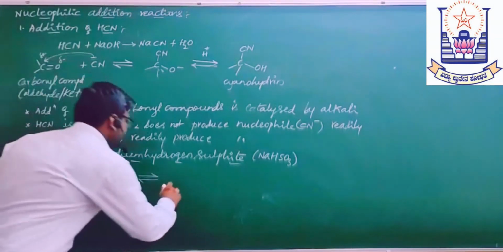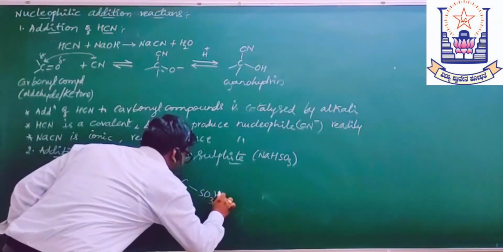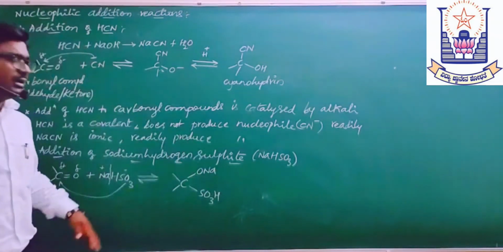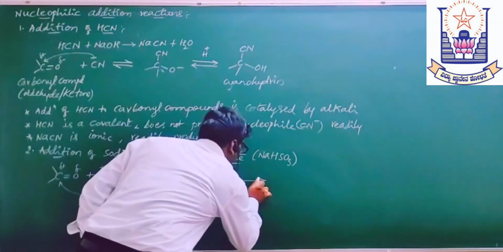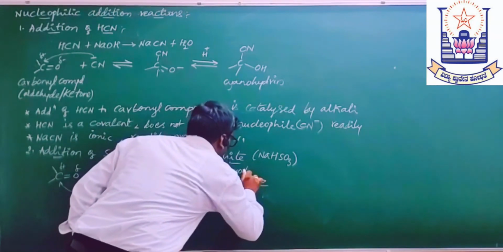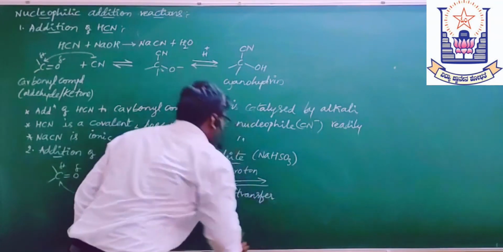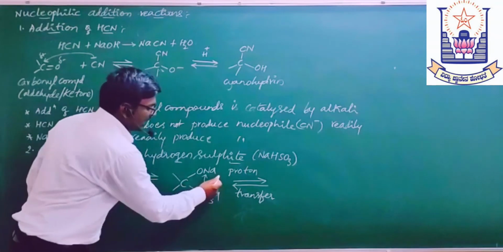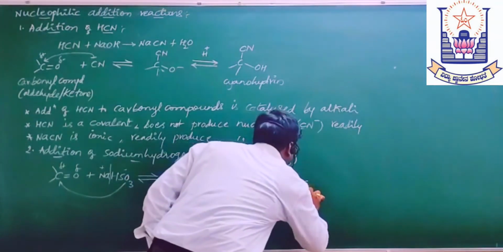Now we will get SO3H and ONa, and it undergoes proton transfer. So now this H will go toward this, Na will come towards this, and the structure is like this.